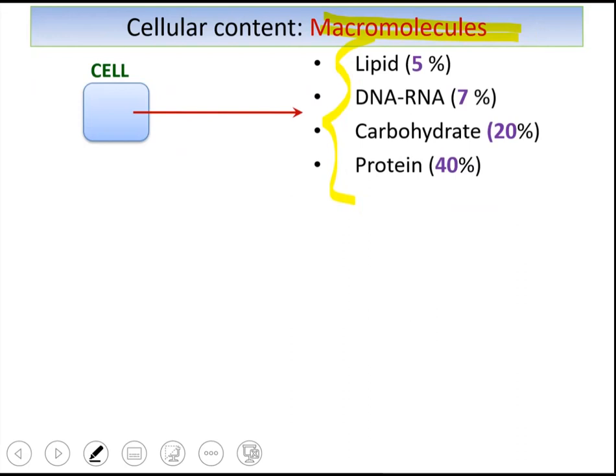It's not like they have 3 carbons, 4 carbons, etc. They have hundreds or thousands of carbons within themselves. So there are 4 major macromolecules that make the cell. One is lipid, the other one is nucleic acids, DNA and RNA, the other one is carbohydrates, and the other one is proteins.